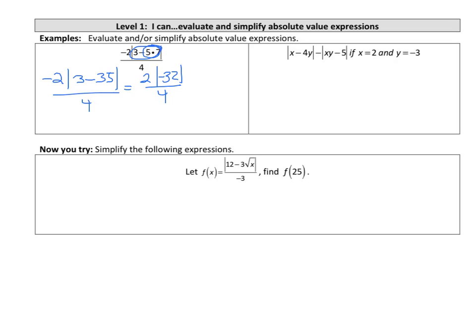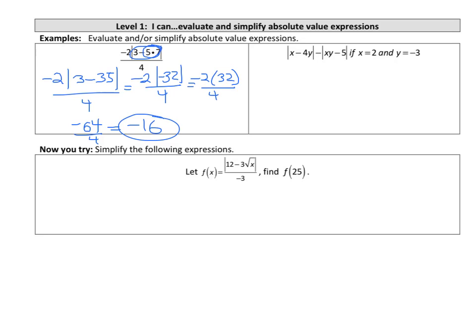And now I'm ready to take the absolute value of negative 32. And absolute value always comes out positive, so this is negative 2 times positive 32 over 4. Oops, that was a negative 2 out front. And then I multiply negative 2 times 32, and we get negative 64 over 4. And negative 64 over 4 is negative 16 for my final answer.